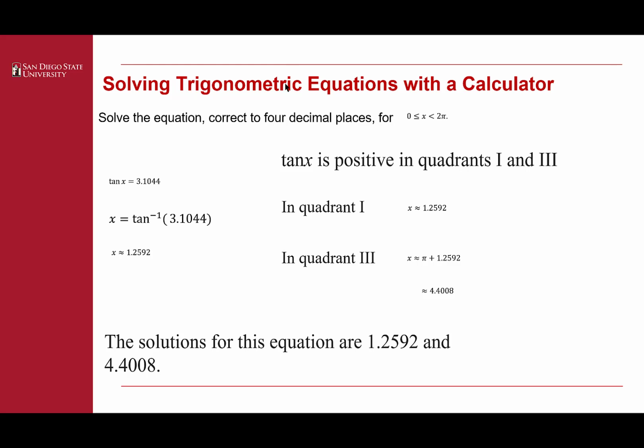The question asks us solving the given equation correct to 4 decimal places for the given interval of x between 0 and 2 pi. The equation is tangent x equals to 3.1044. Here, what we should pay attention to is tangent x is positive in quadrants 1 and 3 only.